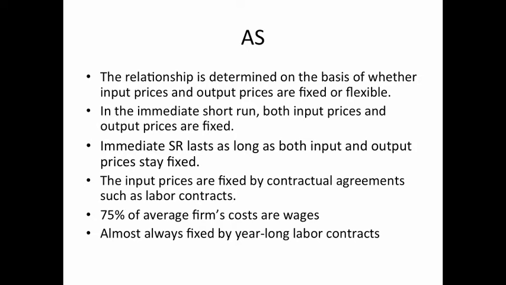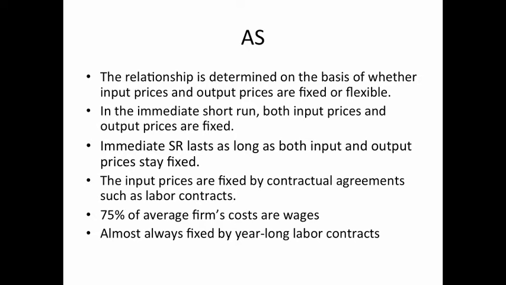So let's start at the nearest point in time, which we call the immediate short run. So right now. We're thinking about a company producing goods, and right now we assume that both input and output prices are fixed. So the prices of the resources that the company uses to produce the good and the prices of the company's goods themselves are fixed. This is the immediate short run.